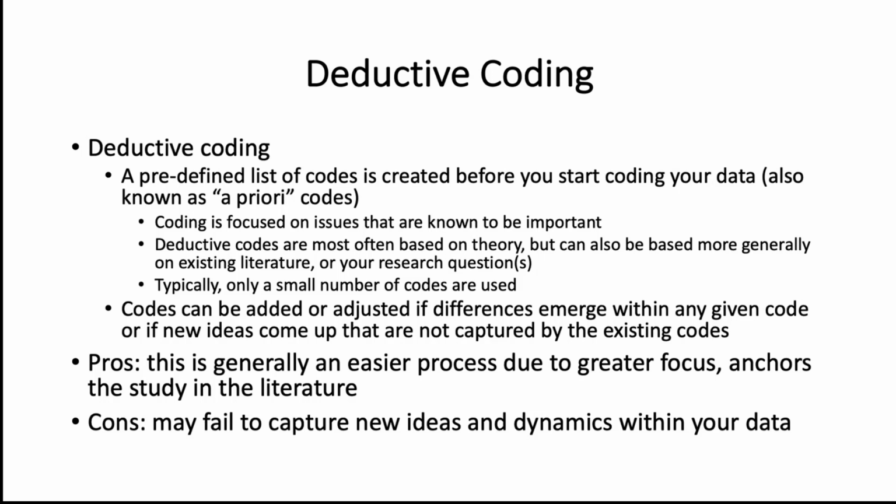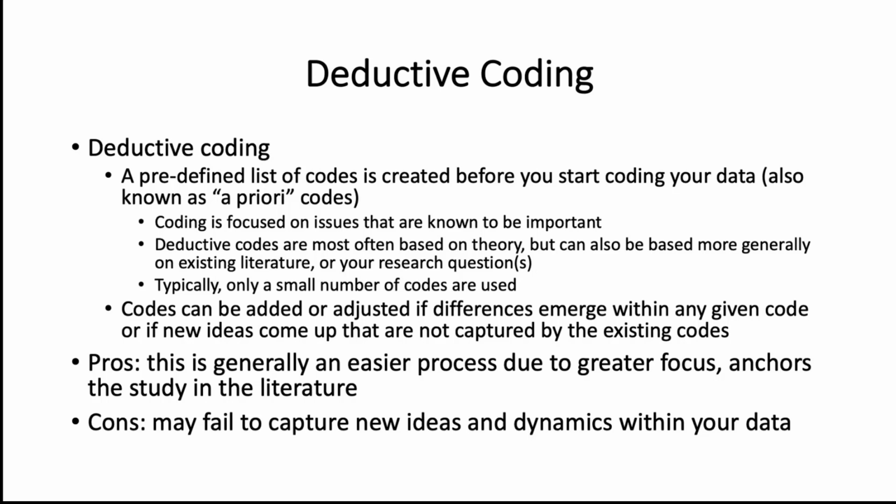Because you're working from a set list of ideas, whether from your theory or from existing literature or both, there's usually only a small number of codes. So as opposed to coming up with new ideas as you go, you are approaching the data with a limited set of ideas, knowing what's already important related to your topic, and you are looking for evidence within your data that fits these ideas.